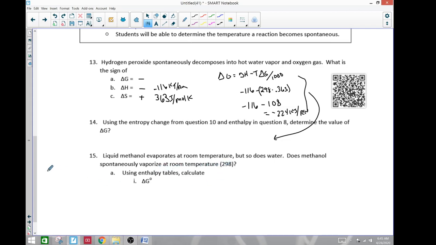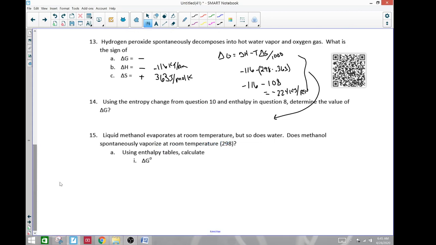Okay, so this problem here, it wants to know, is delta G positive or is delta G negative at room temperature? Okay, so let's go ahead and do this. So we find methanol, and the reaction here is going to be CH3OH from a liquid to CH3OH gas.